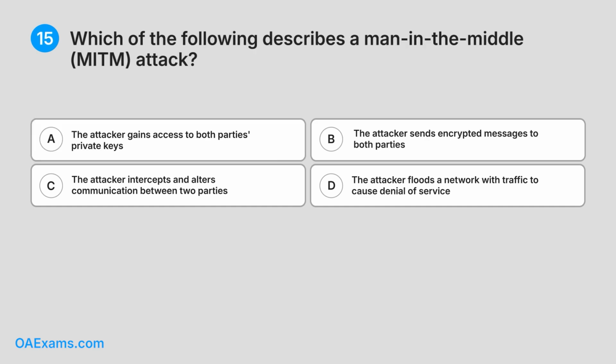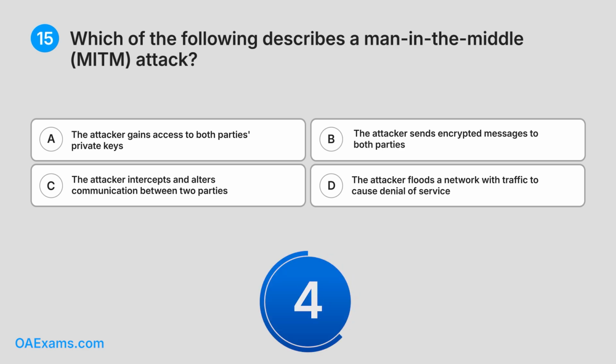15. Which of the following describes a man-in-the-middle (MITM) attack? A. The attacker gains access to both parties' private keys. B. The attacker sends encrypted messages to both parties. C. The attacker intercepts and alters communication between two parties. D. The attacker floods a network with traffic to cause denial of service.